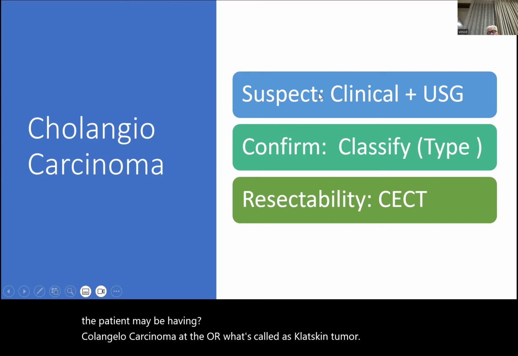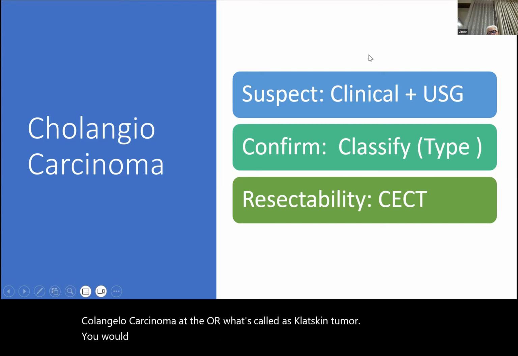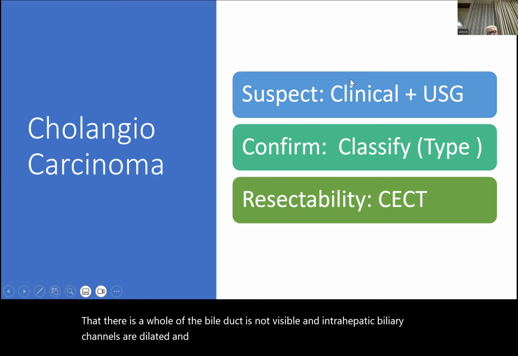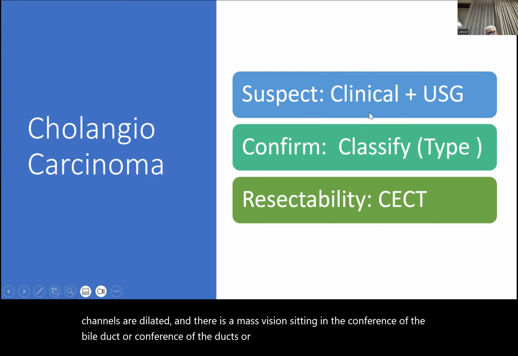You would find that the whole of the bile duct is not visible, and intrahepatic biliary channels are dilated, and there is a mass lesion sitting in the confluence of the ducts, or there is a mass lesion in the bile duct per se.